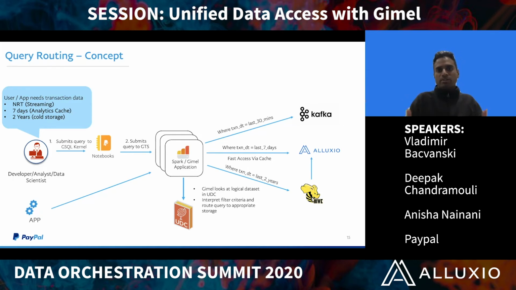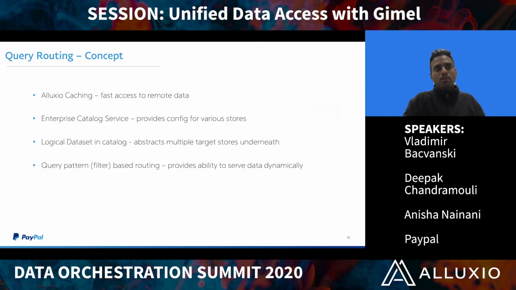So this is something that we've been discussing, where we could have this combination of streaming data versus cached data that can be quickly accessible versus a deep storage that can be routed intelligently through this Gimel engine. In essence, that takes us to a state where the access pattern for the user really does not change.